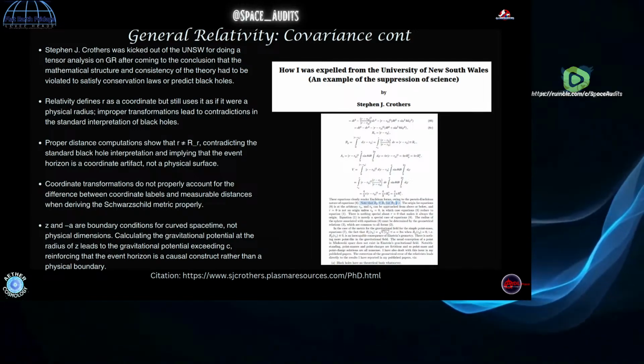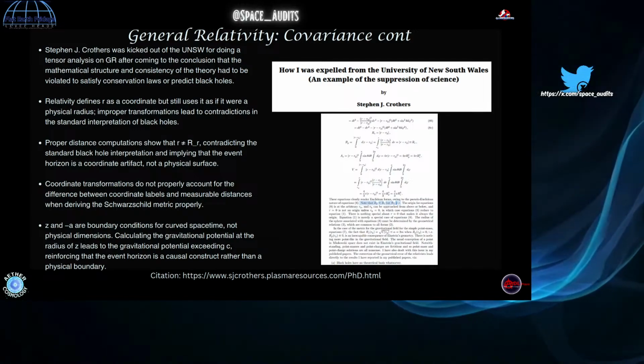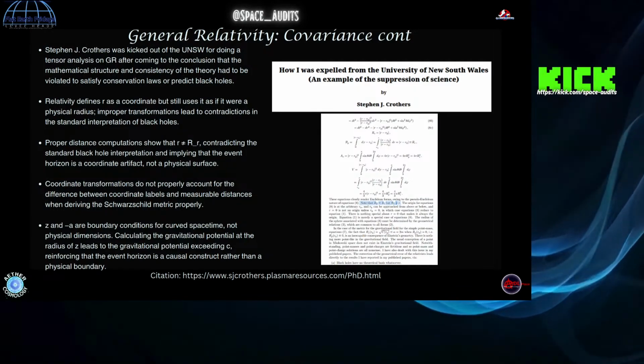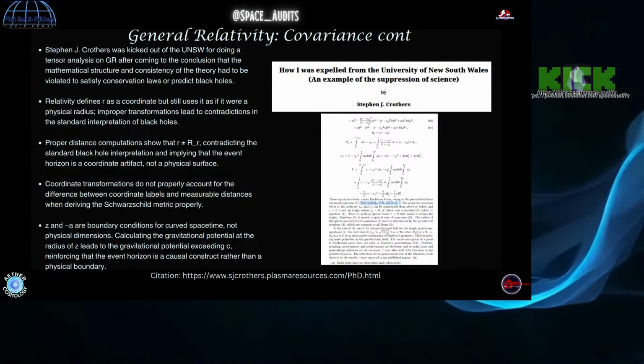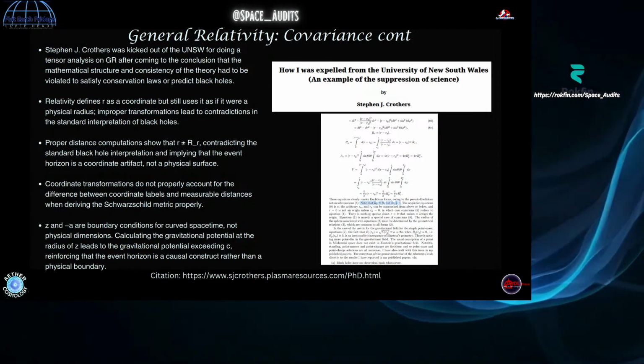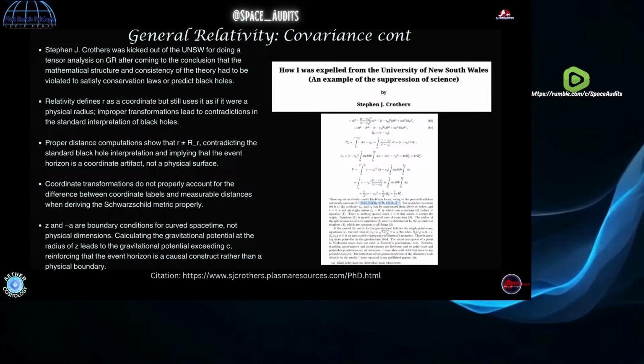But the main takeaway here is that they've extrapolated this from a part of the mathematics that has no physically meaningful dimension, and they're attributing a radius to it to describe how much gravitational potential would be at that radius.